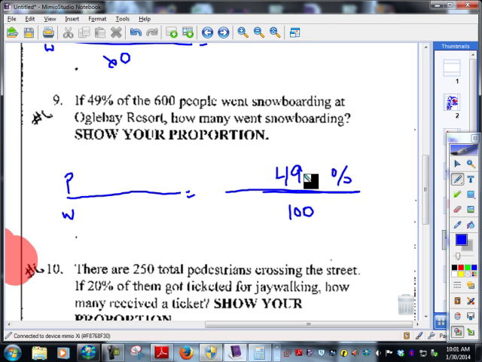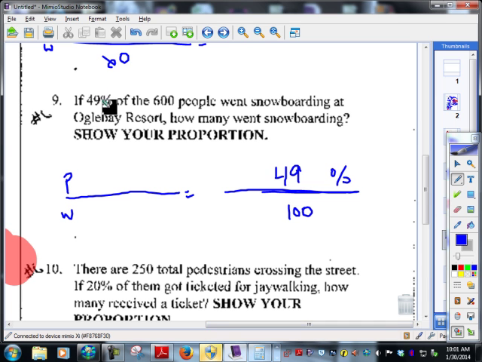If 49% of the 600 people went snowboarding, what is 49% representing? It's the amount that went snowboarding. Do you guys see this? So remember back in chapters 4 and 5, do you remember how I always made you put labels every time? Yep. We need to start putting labels here too. You have to read it.